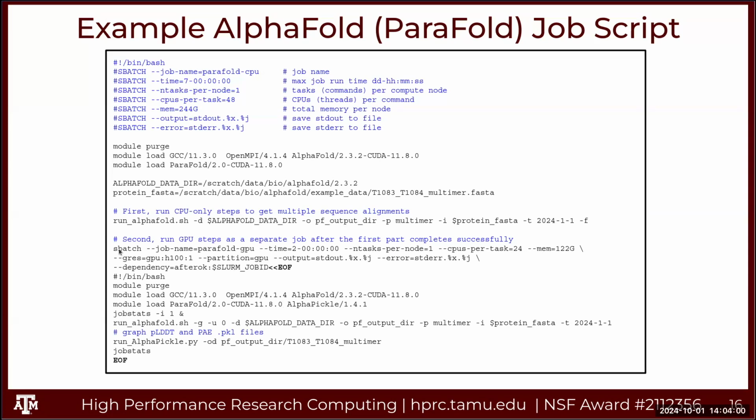Notice also that the second job has a dependency, after OK, for the Slurm job. The Slurm job ID is the original job that was submitted. So the second job would only run if the first job completes successfully. And actually, if it fails on this step, the rest of it doesn't get submitted anyway. All right.